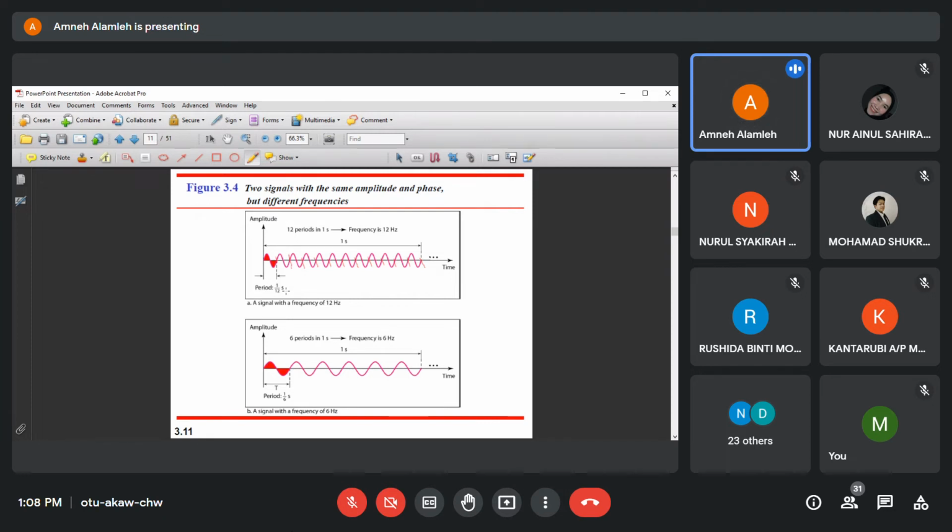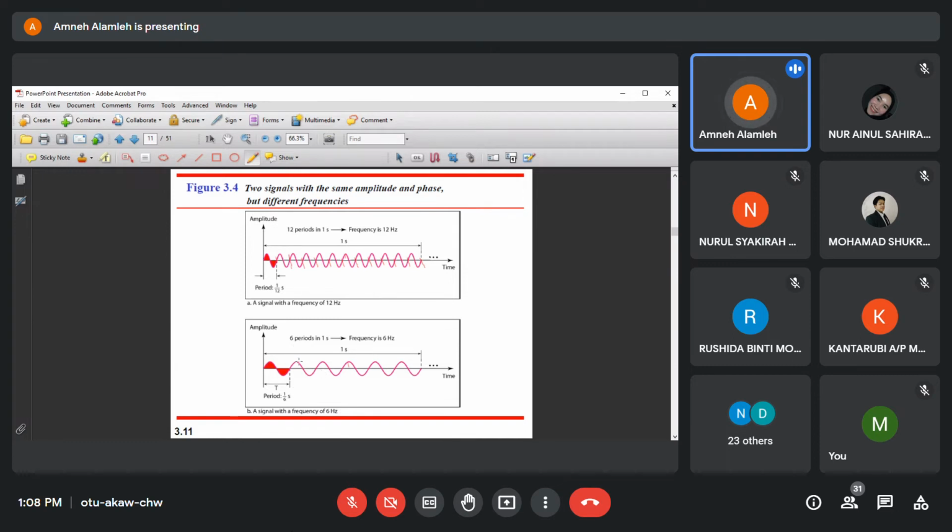Do you understand how we calculate? Yes. It's so easy, so simple. The amplitude is the same, which means the height of the wave is the same in the two figures. But we have different frequencies.